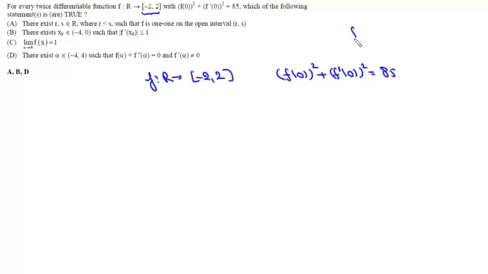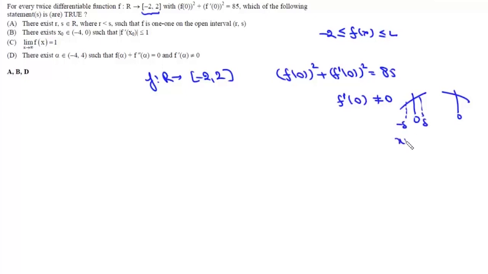That means any value of f(x) will lie between minus 2 and plus 2. Now here in this case, f'(0) is not equal to 0. And if f'(0) is not equal to 0, then it will be either increasing or decreasing in the neighborhood of 0. So we'll always have this small interval from minus delta to plus delta, where this function will be a 1-1 function.